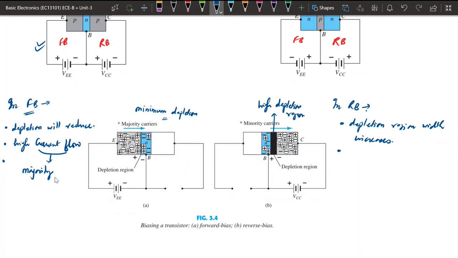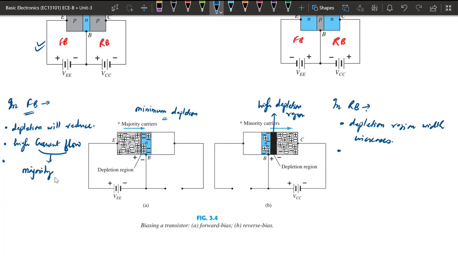But the minority carriers can easily pass this barrier level, because this is positive. So in this n region, holes are minority. So these holes will be repelled by this positive. So because of this applied potential, these holes, that is minority, will be crossing the junction easily. And from p region, the minority electrons will be constituting the current by passing through the barrier potential.